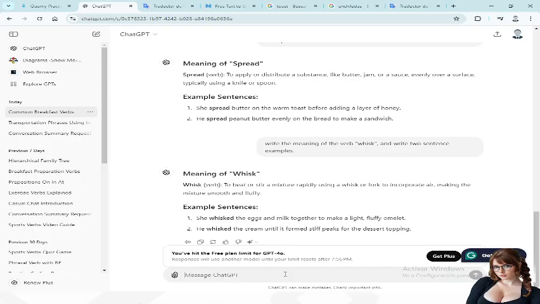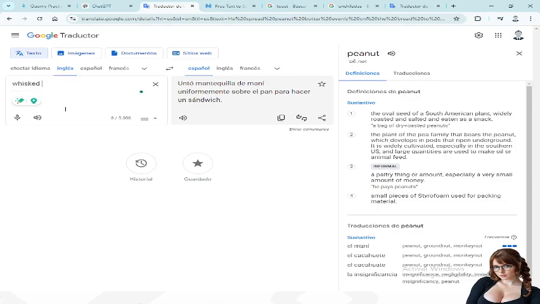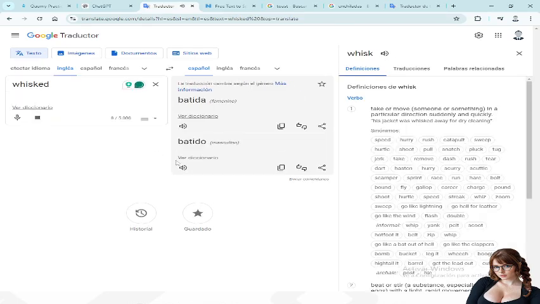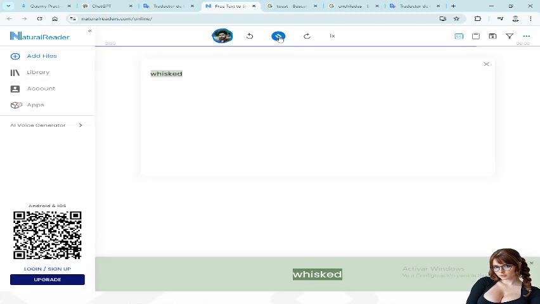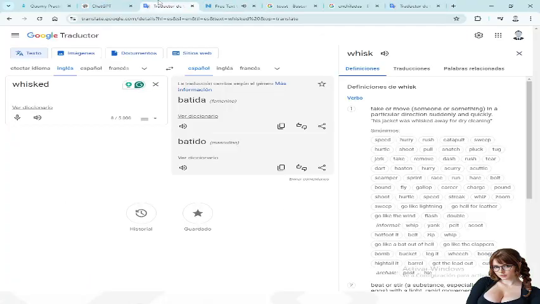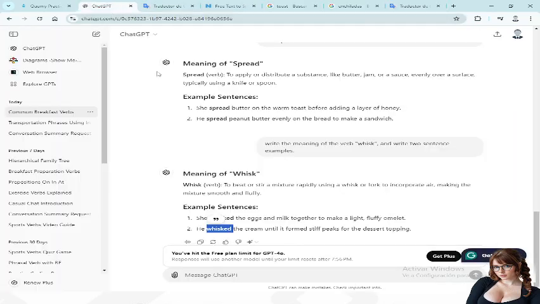Remember that if the verb ends in a voiceless consonant, we need to use the final sound like a T in past tense. Whisk, whisked. It's like a T at the end.